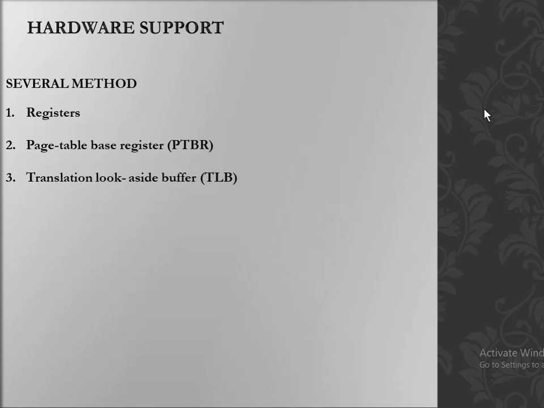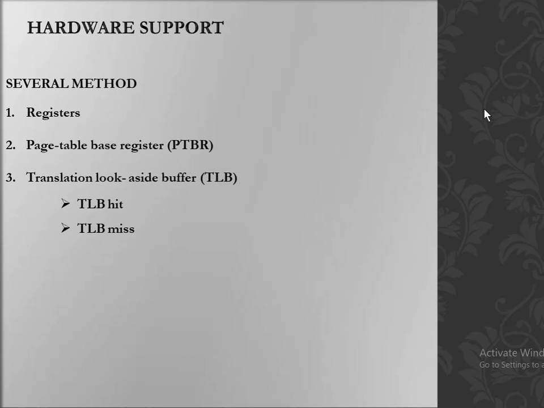If that page number is present in the TLB, then it is called a TLB hit. If that page number is not present in the TLB, in that case we search for that page number in the page table, and then you identify the frame number.